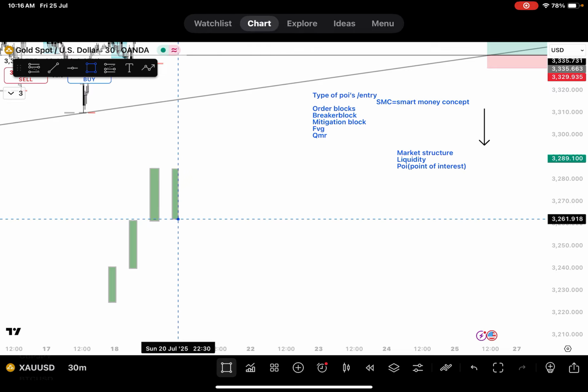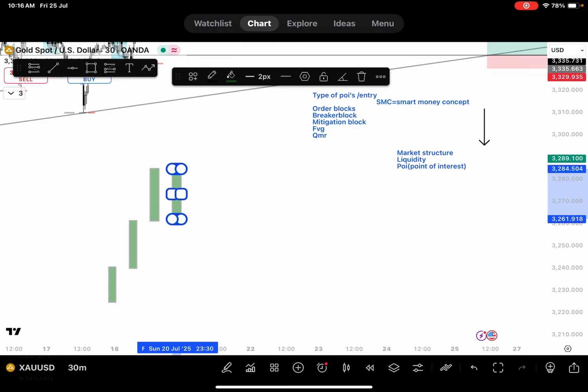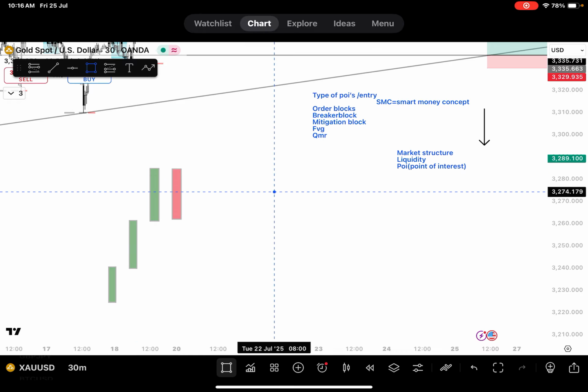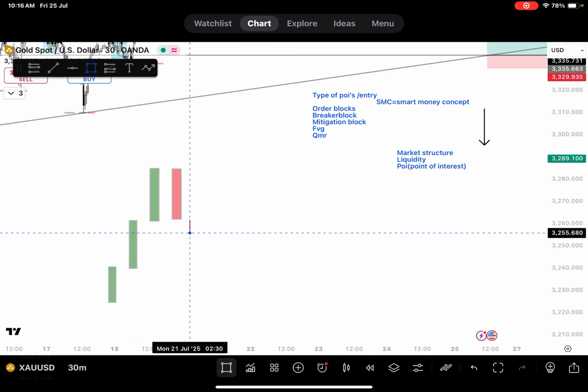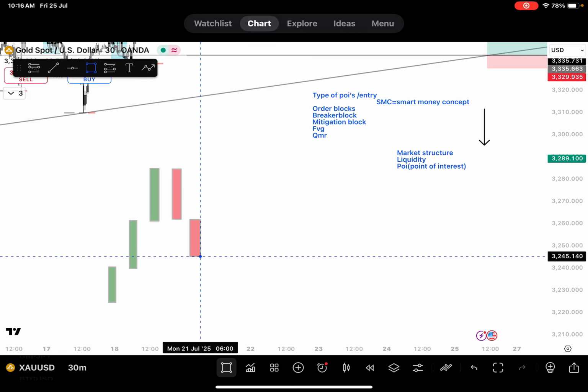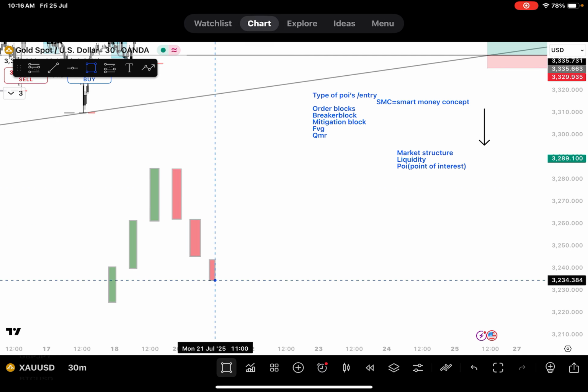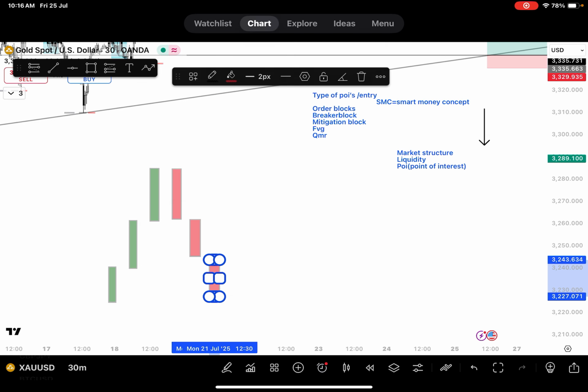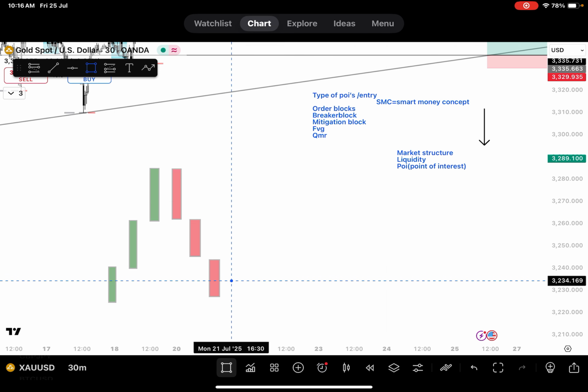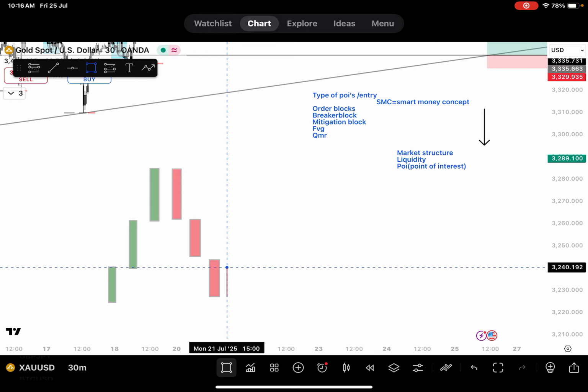Can you imagine? Stress won't kill me. Now I have to change it to what? To red. Because when the market is going down, it creates a series of red candles. Now I'll have to create red candles, green candles again.